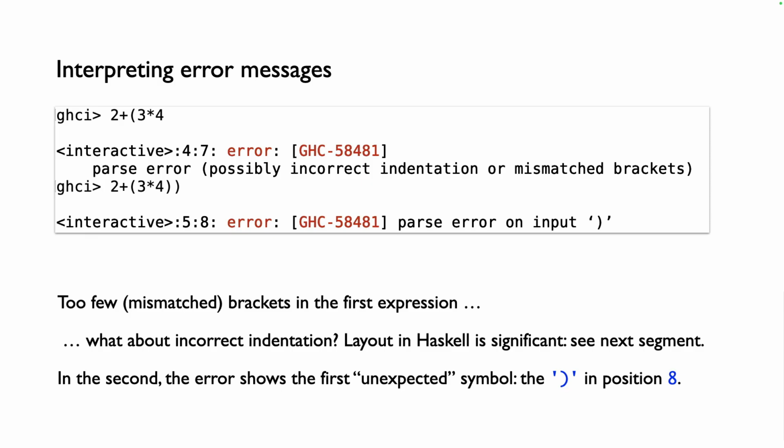Now, if we look at the next one, we said 2 plus 3 times 4 and put an extra bracket at the end. And that's a really nice error message. It's saying, I didn't expect to get that parenthesis in position, it's on line 5 and it's in position 8, which is the second closing parenthesis. It's saying, I didn't expect that symbol. I can't work out what you're trying to say here.